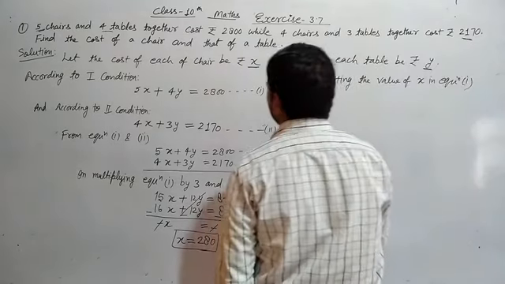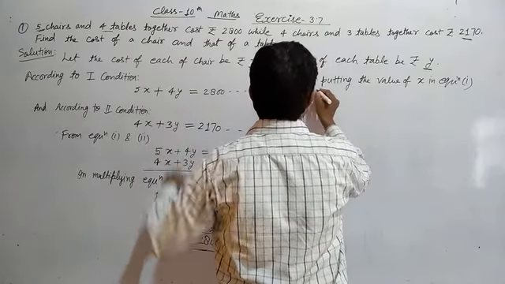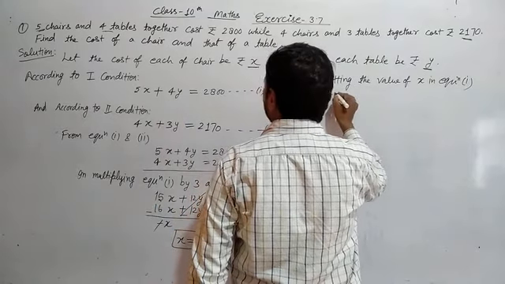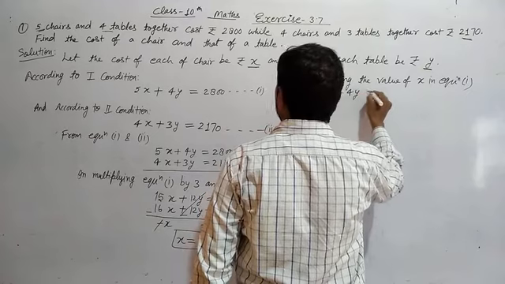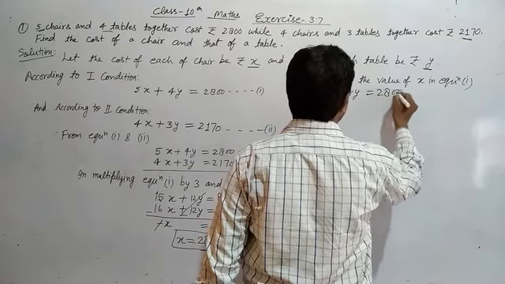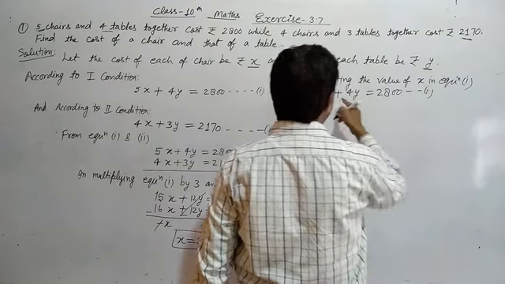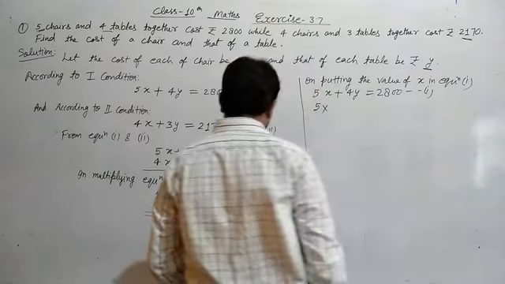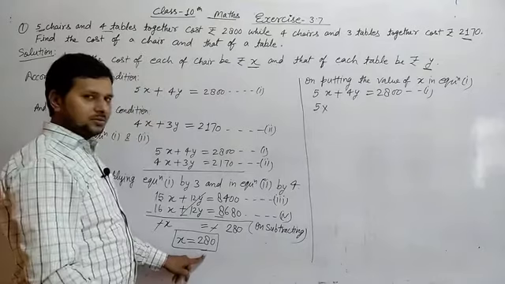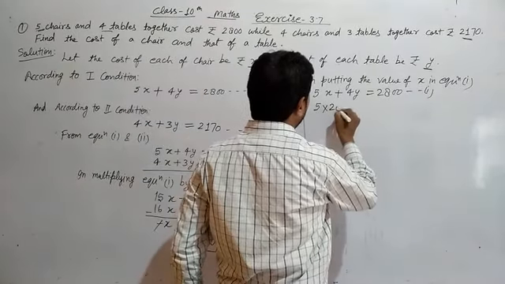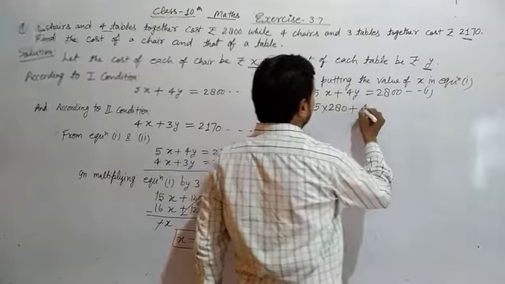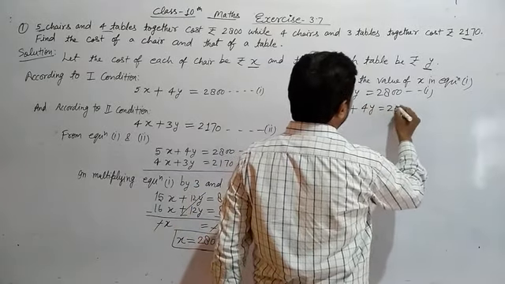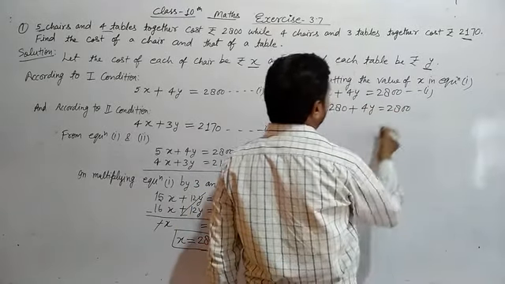So see here, what is equation first? 5x plus 4y is equal to 2800. This was equation first. Now we have to put the value of x in this equation. Means 5 into the value of x, which is 280, plus 4y is equal to 2800.